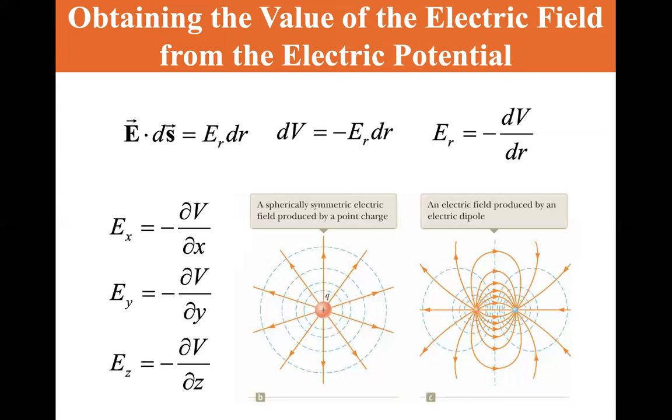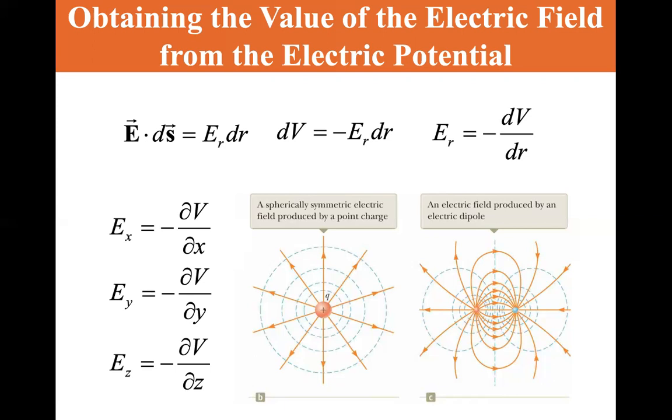Ey is equal to the negative of the partial of V with respect to y, and Ez is equal to the negative of the partial of V with respect to z.